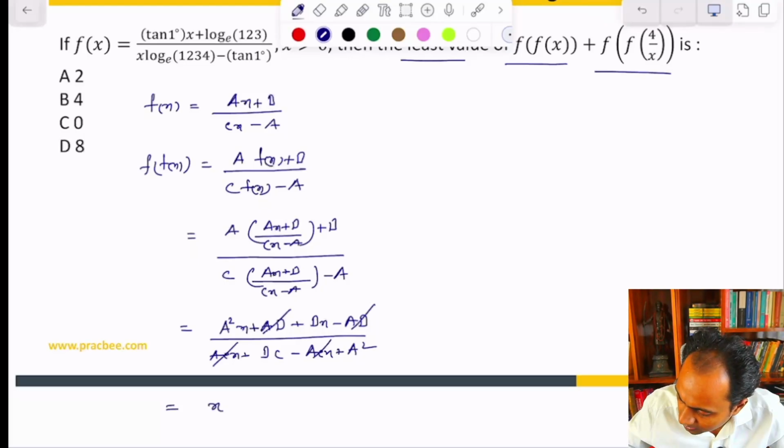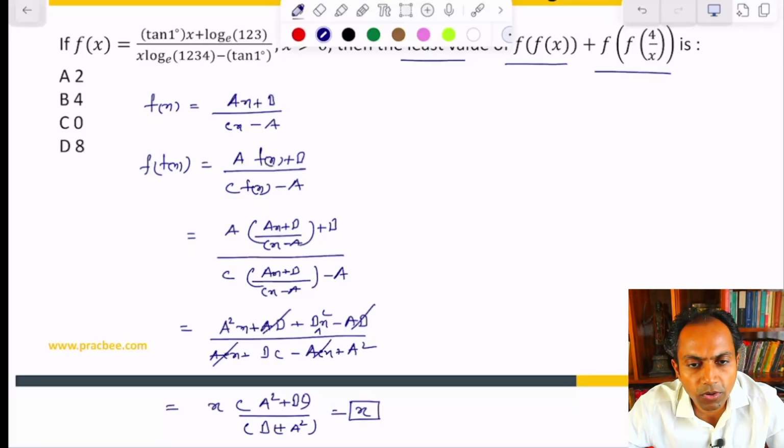As a result, we can take x common in the numerator, it becomes a square plus b. And the denominator again becomes, in fact, bc. We have forgotten c here. This would be bc plus a square. So you can see that all of this cancels out and becomes x.